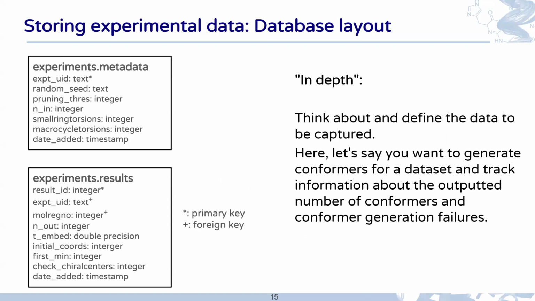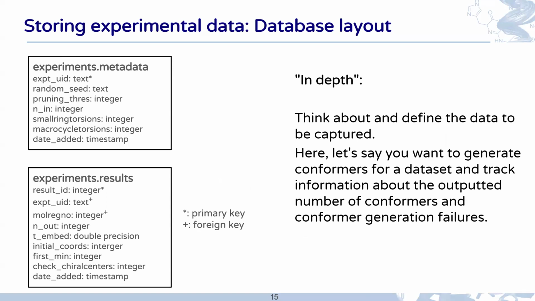So the difference to the schema that I showed you before is that for everything that went into the data column that was just a JSON before, here you have a separate column where you have the type also clearly defined. So here that would be, if I'm capturing conformer generation data, for example, the number of conformers that I get out.